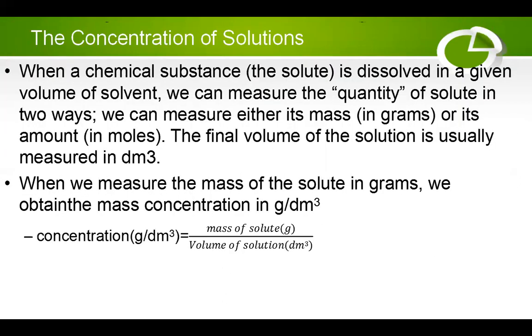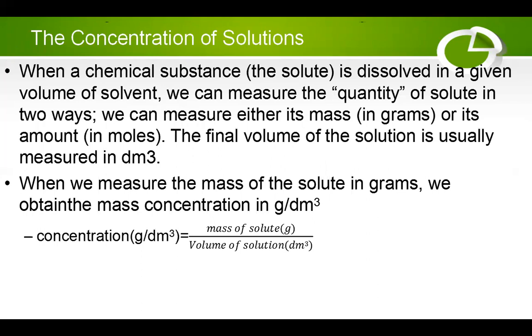Let's see how to find the concentration of solutions. When a chemical substance is dissolved in a given volume of solvent, you can measure the quantity of solute in two ways. You can measure either its mass in grams or its amount in moles. The final volume of solution is usually measured in decimeter cubed.